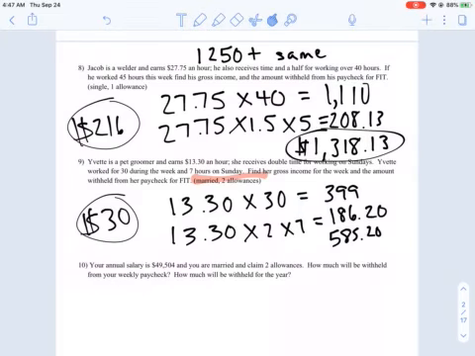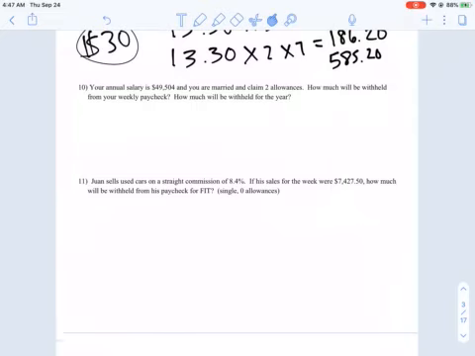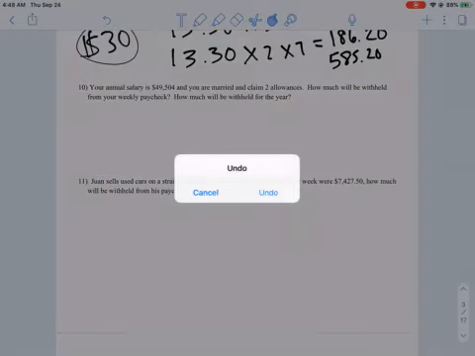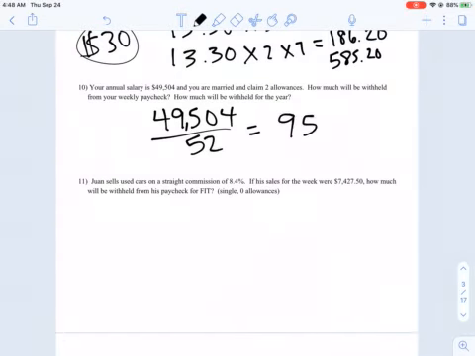Okay. Now, sometimes they might give you the annual salary. Now remember, these charts are for weekly, so what you need to remember to do is divide this number by 52 to get your weekly. $952. Now he's married and claims 2 allowances.